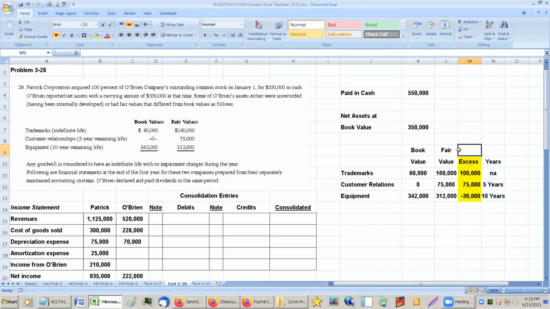All right, so let's see what the total excess is here. I should probably say net excess, because there's a negative one. I mean, total's fine too.